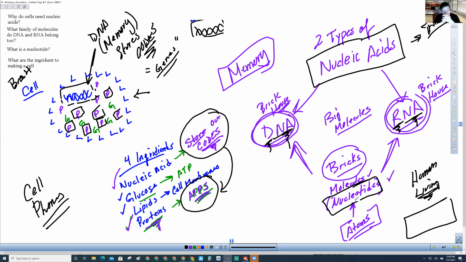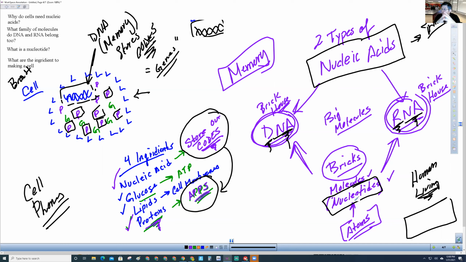Okay, Brayden, tell Efren why nucleic acids are important. To make proteins. Yes, but how do they help make proteins? By storing codes. Okay, codes.